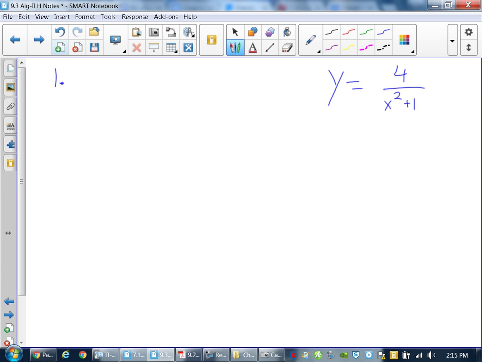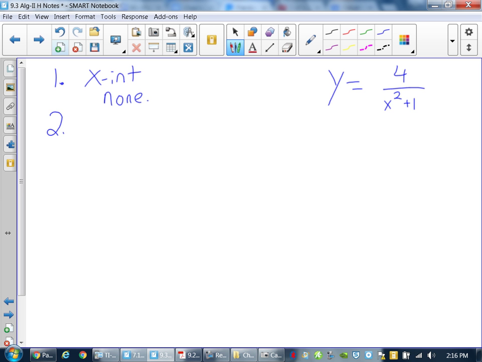First thing, x-intercepts. Is there a 0 for the numerator? No. Is there an x-intercept? No. There's no 0, so there's no x-intercept.